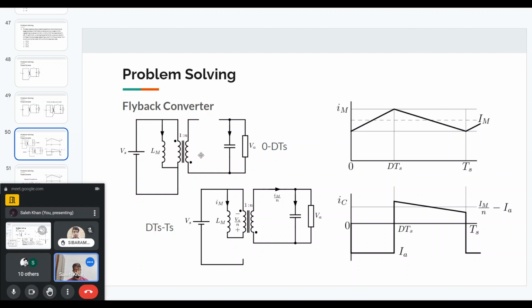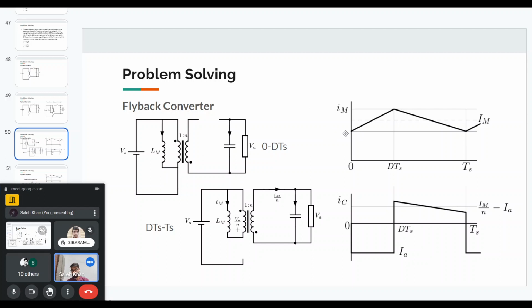The two windings are coupled, and the energy is stored in the flux of the transformer, and in the second interval, that energy is transferred through the secondary side to the load. So that is how it works, and the energy is reset, the flux is reset.